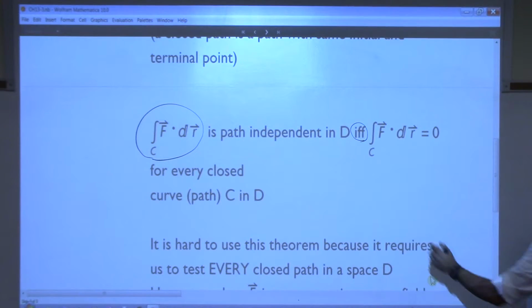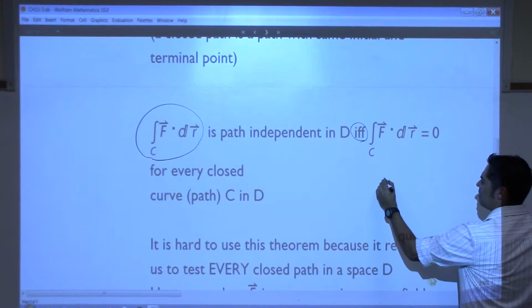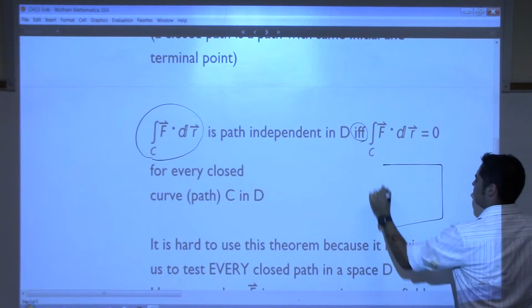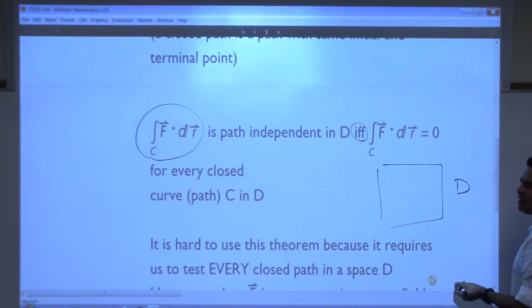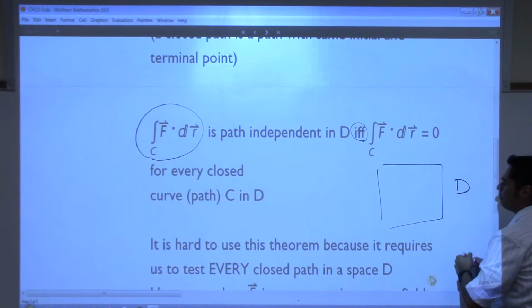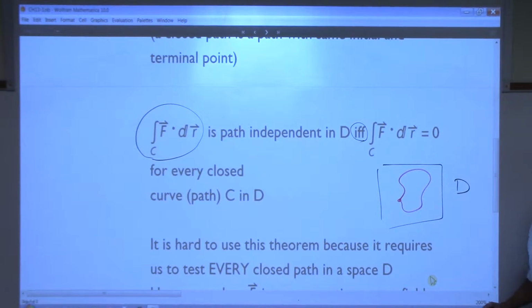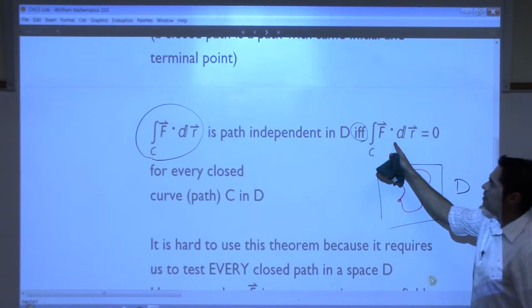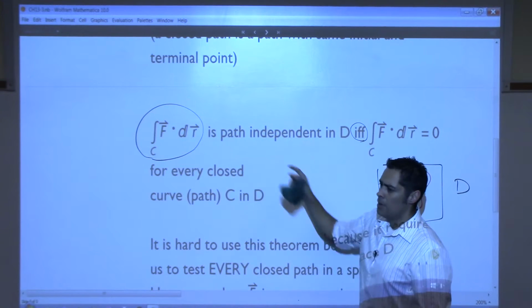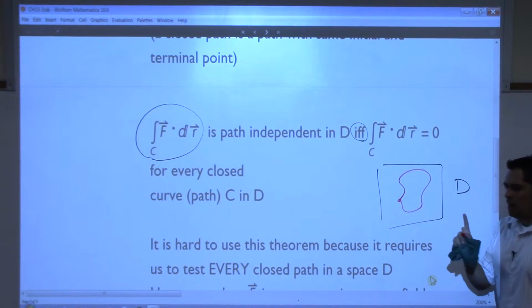So here's the idea. You have some domain D, and you think about a closed path in this space. So I'm going to draw a closed path in here. Start and end at the same place. I could do a line integral over this. If I do the line integral over that and I get 0, then does that mean that it's path independent? Not yet.